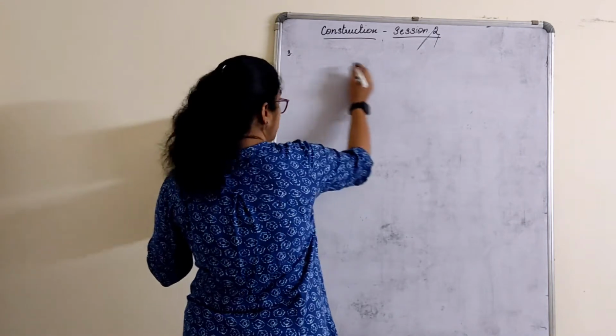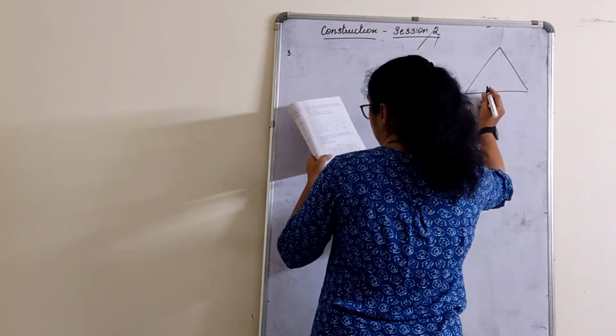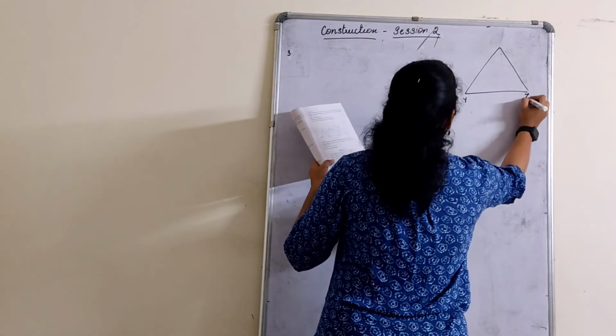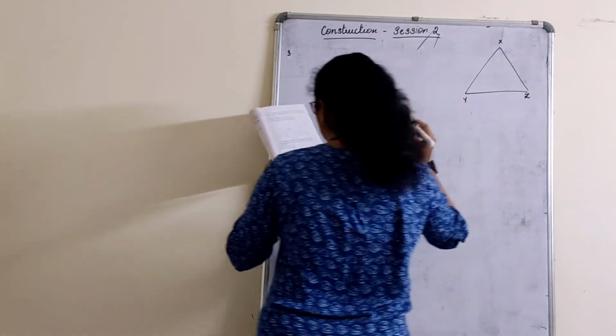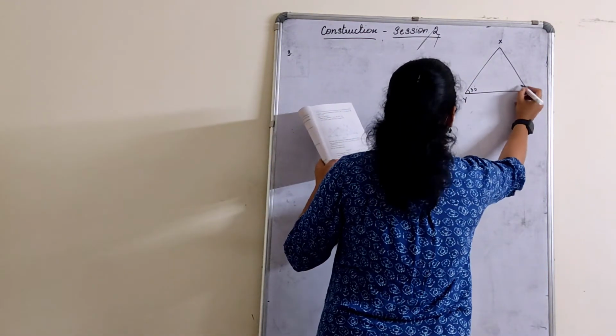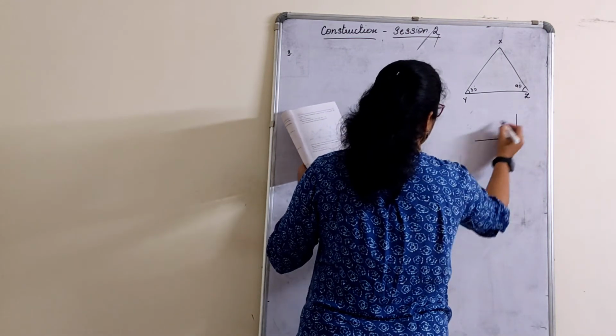Construct a triangle XYZ, where Y is 30 degree and Z is 90 degree. Okay, we'll have a triangle like this.